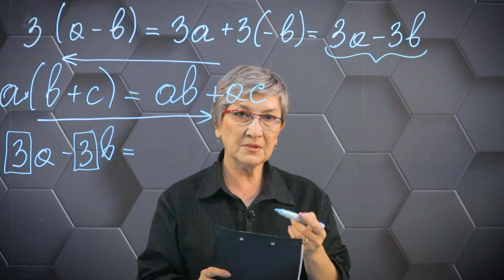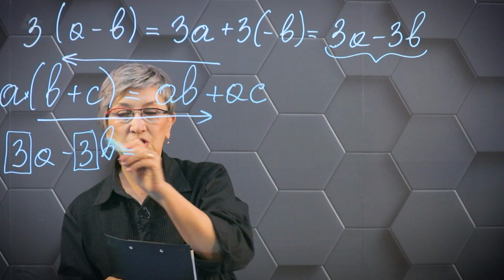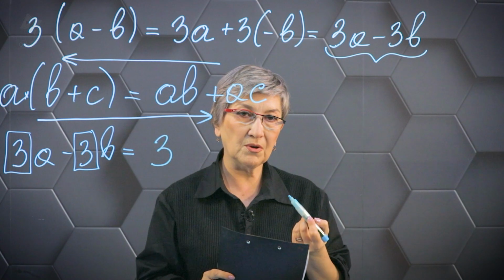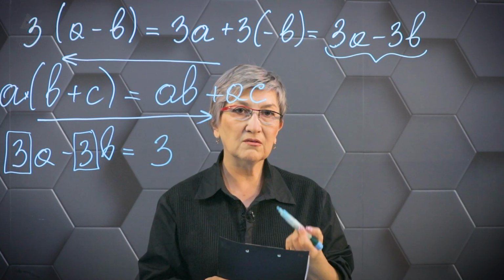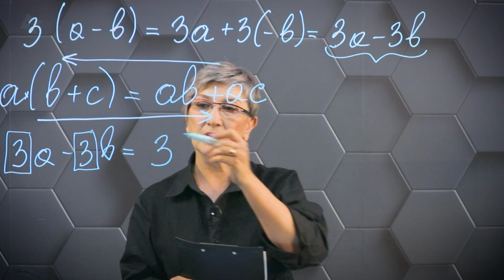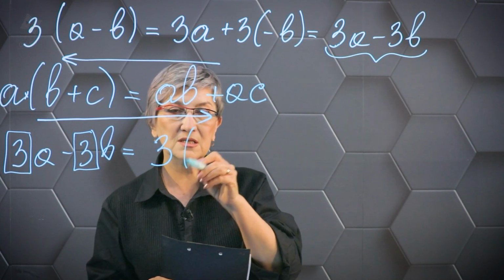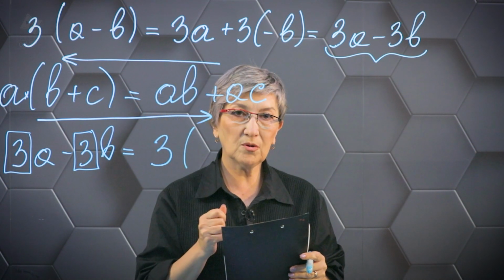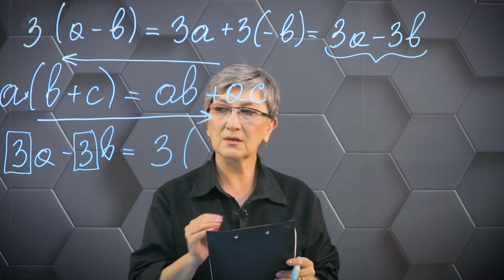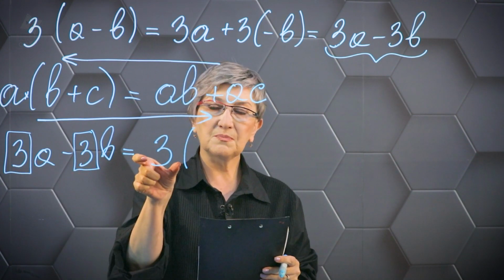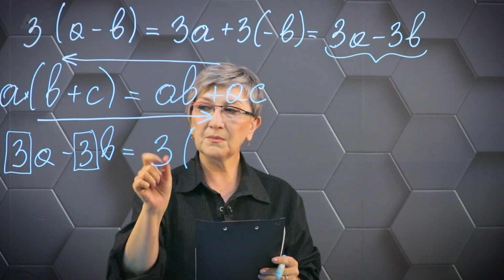And then, by the rules of math, I can write this multiplier in front of the parenthesis, or in math they say put it outside the parenthesis. And then I write down 3 and write the rest in parentheses. Notice that I took the common factor out of the parentheses.